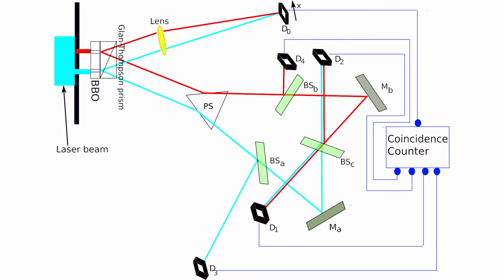On the other side of the slit, you put a special crystal and a prism. I'm not going to go into the details of what they are, but what they do is split the photons that come out of both the slits in such a way that each photon is split into two entangled photons. Watch my 6th video for more on entanglement.